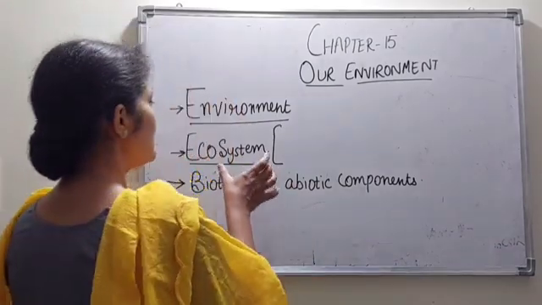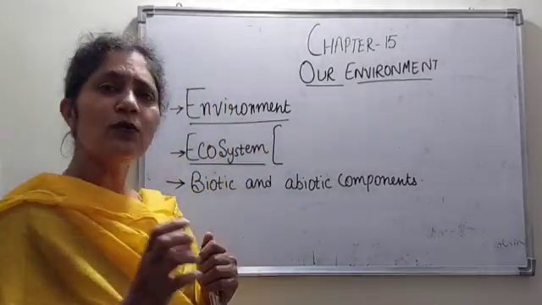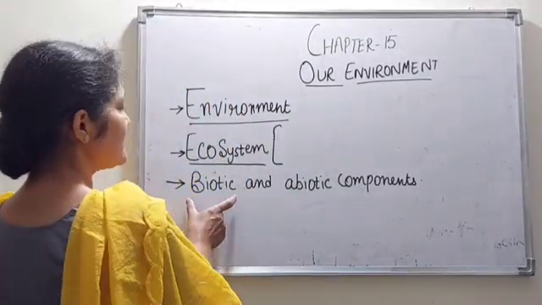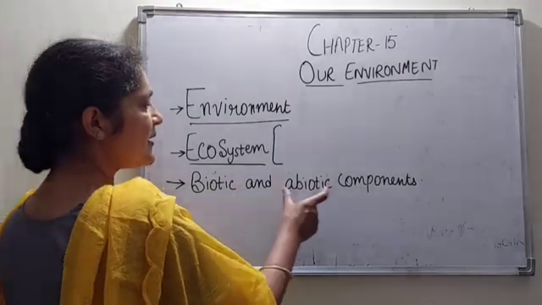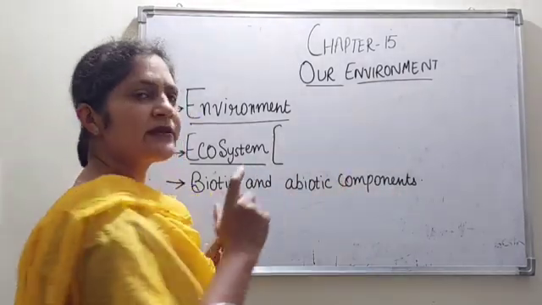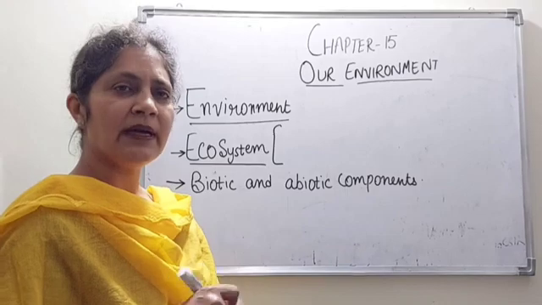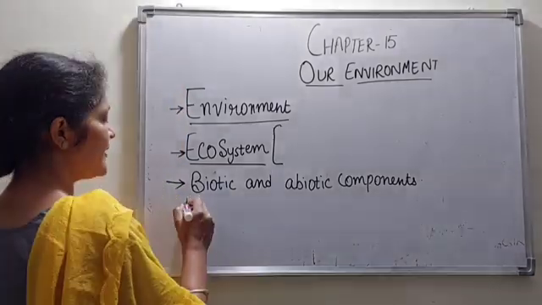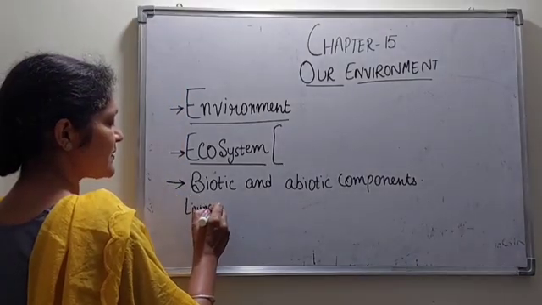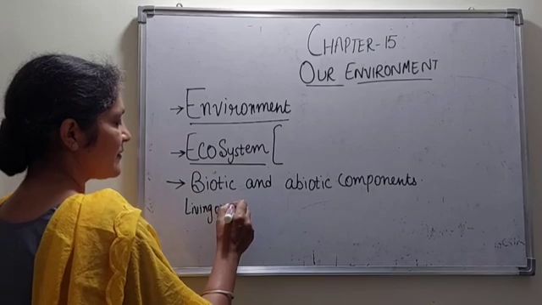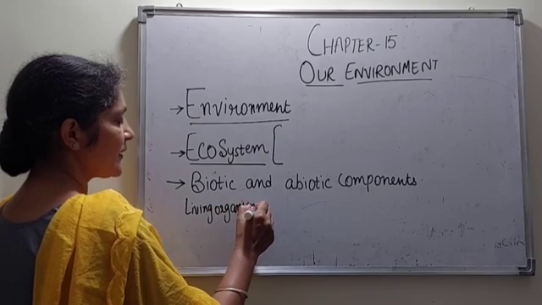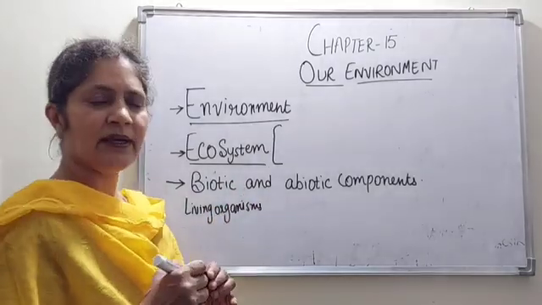Now the ecosystem contains two main components, that is, biotic components and abiotic components. What are biotic components? Biotic components are living organisms. They can be plants or animals.